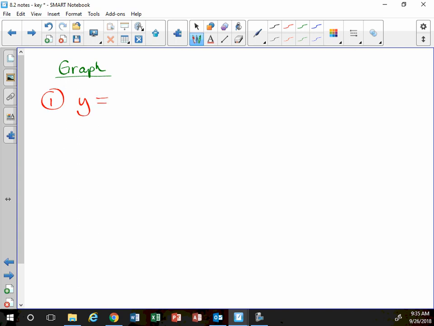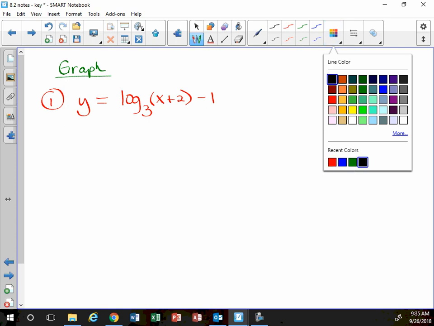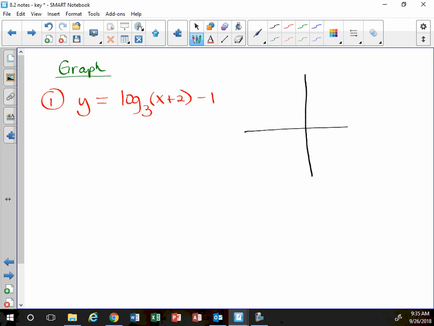Let's do log base 3 of x plus 2, minus 1. So once you think you've got it, hold it up, and I will check for you. Make sure you draw your asymptote.